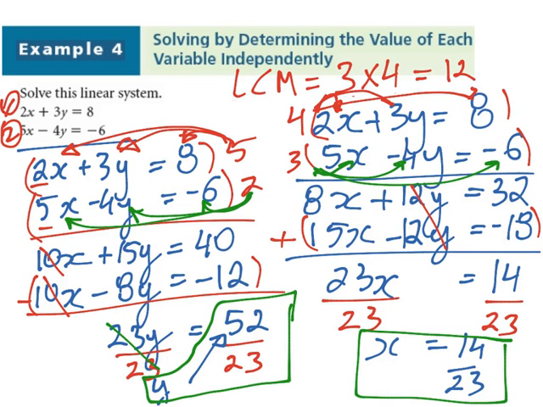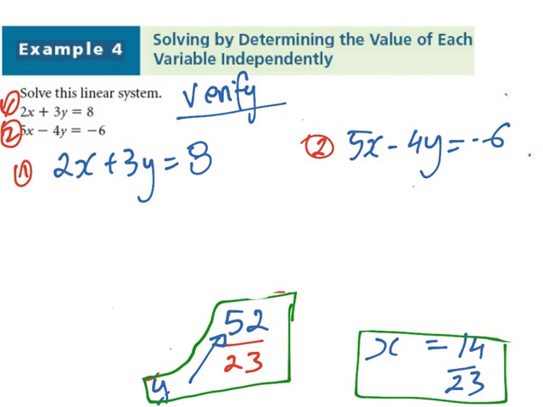So we have rewritten the first equations, and now we're going to plug in the value of x, and this is where your calculator will do your operations for you. And the value of y is 14 over 23.